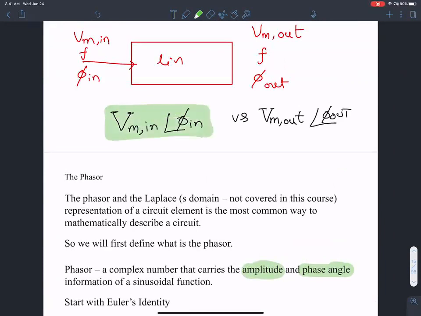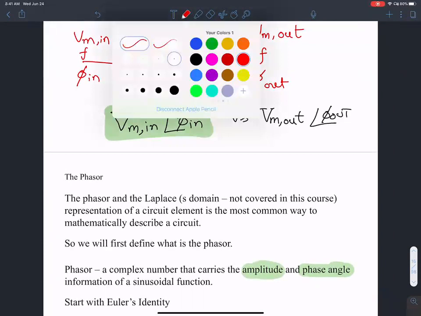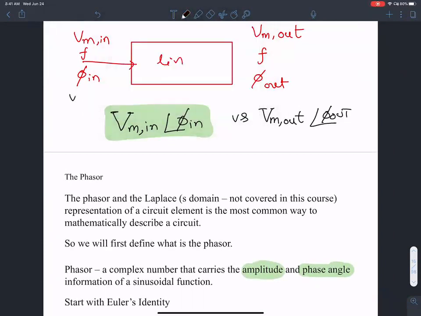If I have a sine wave that looks like this, Vm cosine, I don't know, 2000 pi t plus phi, that's the input.